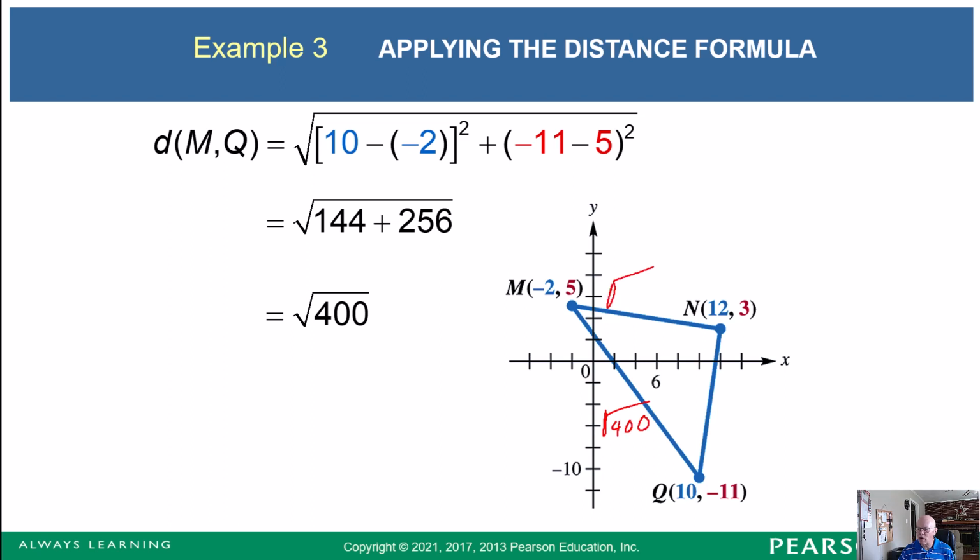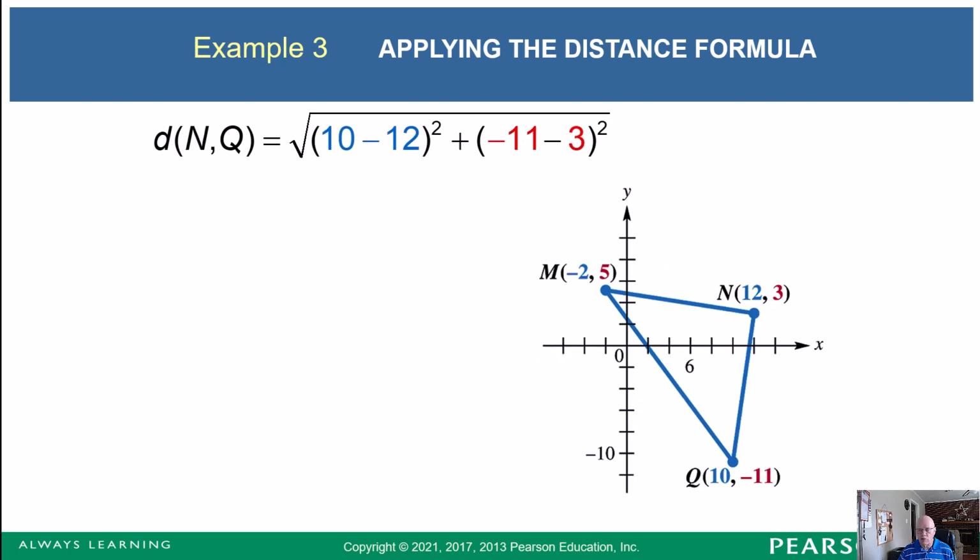Remember, this was the square root of 200. And then get the other one. Now that one comes out even. That's nice. From N to Q, it's from here to here. And if you do the math, you get the square root of 200.